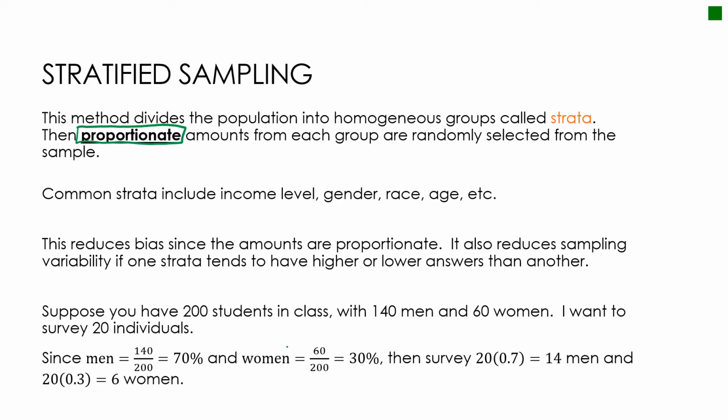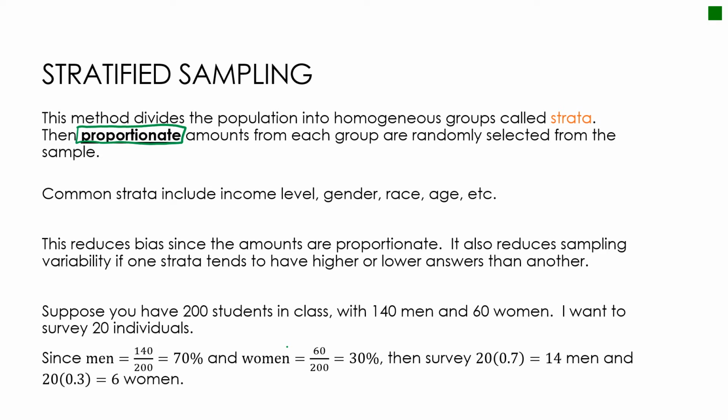So that could include income level or gender or race or age, etc. And basically this reduces bias since the amounts are proportionate. So if I have a certain number of men or women or a certain number of white versus minority, etc., and I want to make sure that those percentages stay the same in my sample, then I would use stratified sampling.